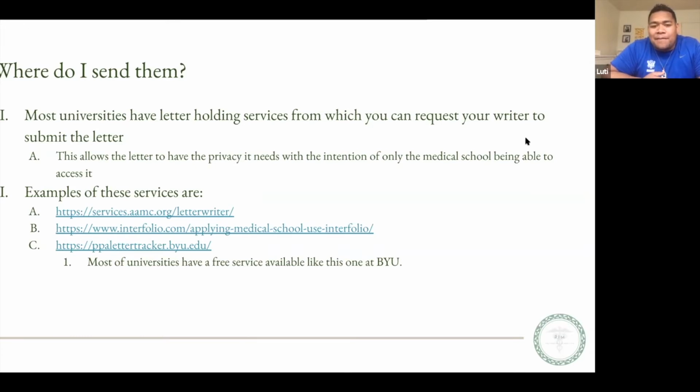It was free and available, and I just logged in and requested letters from certain people. Kenny told me his school did the same thing, so I think most universities have this available for their students. I would suggest you ask your university where you can find that resource. If you can't, there are other resources like the ones I listed.